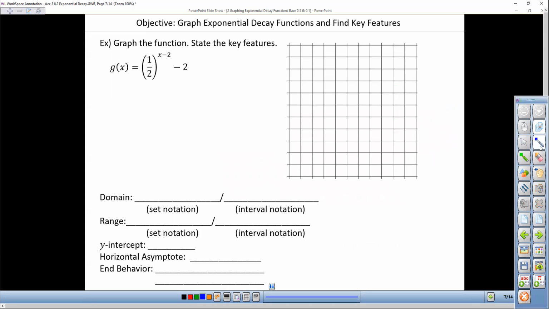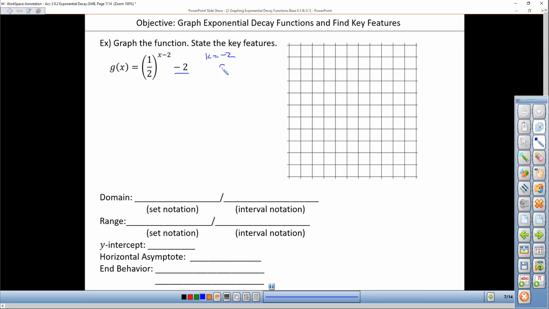All right, so let's take a look at graphing this decay function. This one is shown with the base of 1/2. So that means we're going to use those powers of 2, and we're going to apply a y-axis reflection to create a decay model, which would have a base of this 1/2. The other things that we have, of course, we have a k value here of -2.